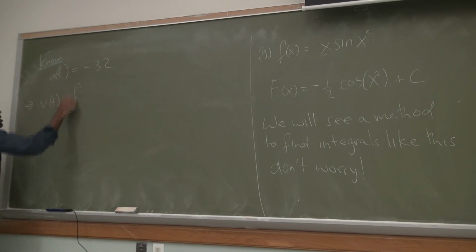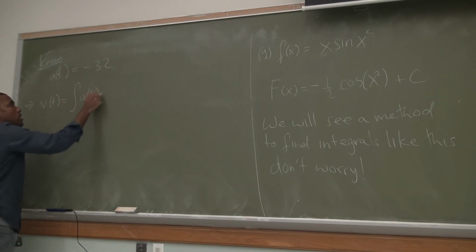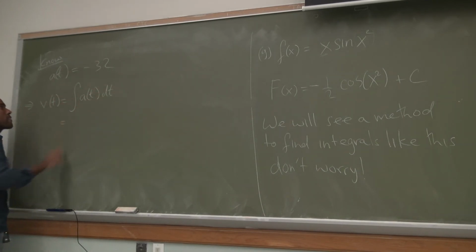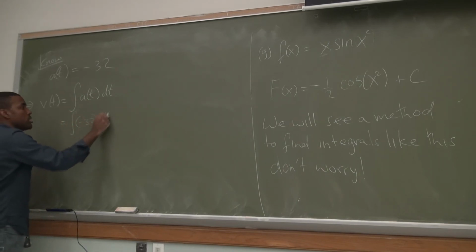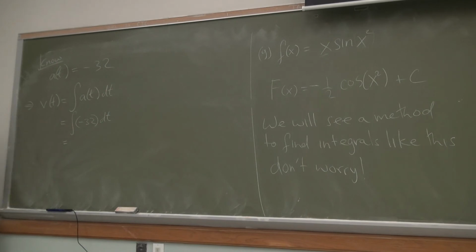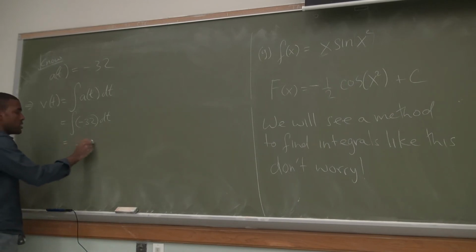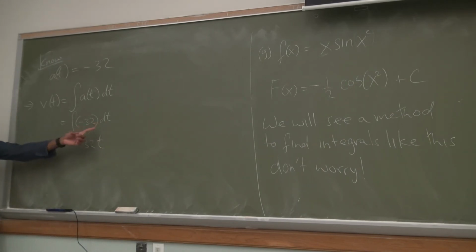So this is the antiderivative of a of t dt, which is the antiderivative of minus 32 dt. What do I differentiate to get minus 32? Minus 32t is my variable, right? Plus c.